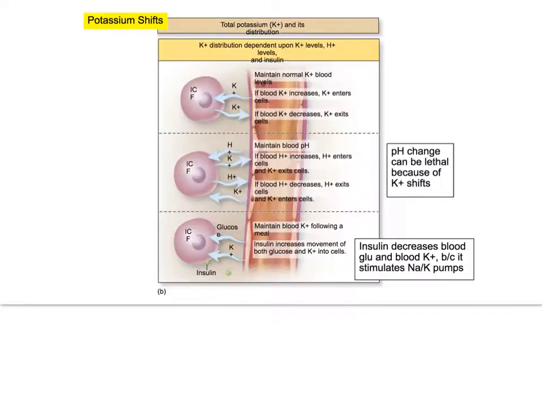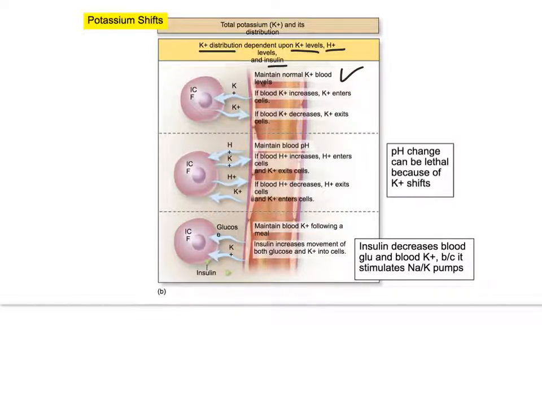Now potassium shifts can cause problems, so let's talk about potassium shifts. Potassium distribution is dependent upon potassium levels, hydrogen ion levels, and insulin. If we look at this picture, if we maintain normal potassium levels where everything is okay, we're in equilibrium.